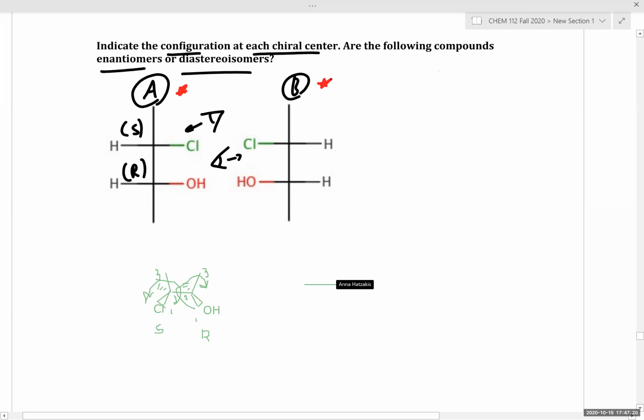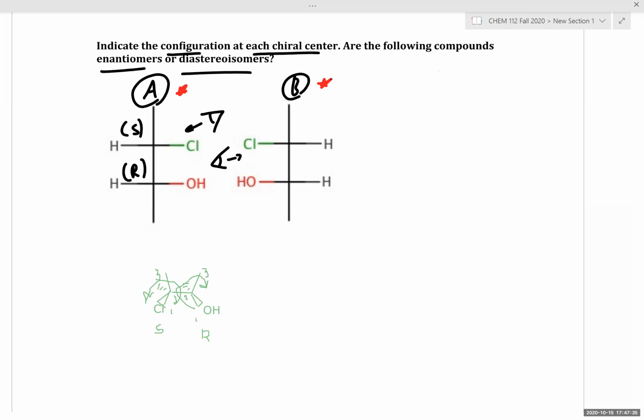Can I get some responses in the chat for structure B? We don't necessarily have to draw the 3D drawing for structure B. It's great though that a student is contributing it, and it would be good to see that as well to help make this point clear.